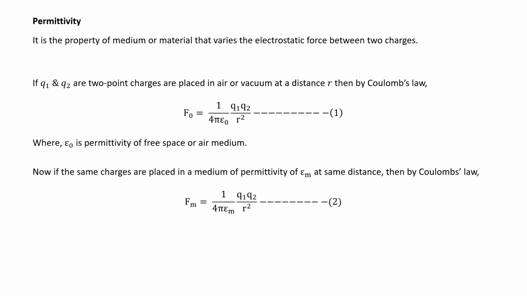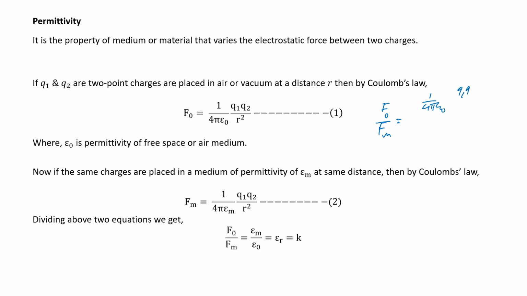Now to find what epsilon m is, or how these are related, we divide F naught by Fm. When you divide F naught by Fm, you get 1 by 4 pi epsilon naught into q1 q2 divided by distance square, divided by 1 by 4 pi epsilon m into q1 q2 divided by distance square.